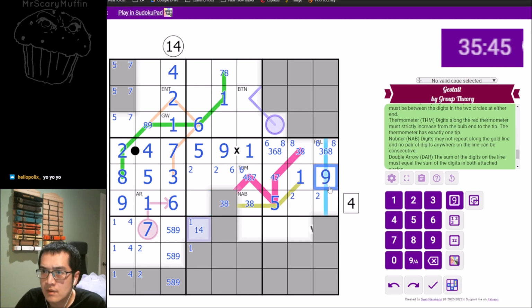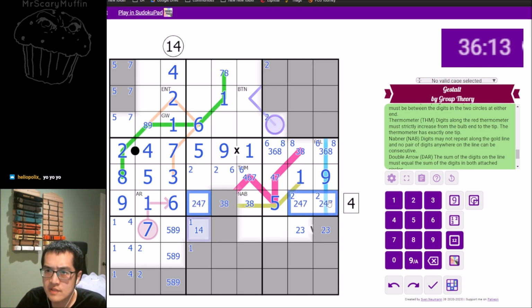This is a 9. What do we have? Region sum line. It's a big one. And I see a V here. This has to be a 2, 3 because we have a 1, 4 here, which means these 2 puts the 2 up here. Okay, what are we left with? We are left with 2, 4, and 7.